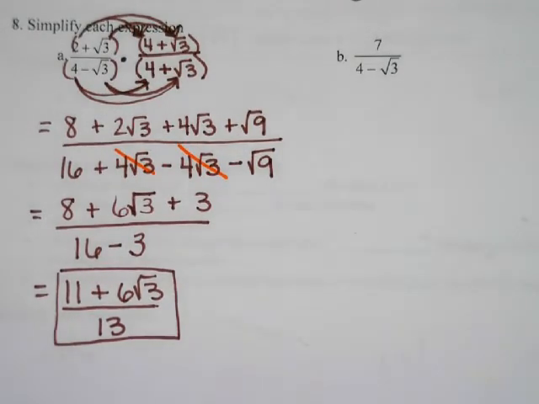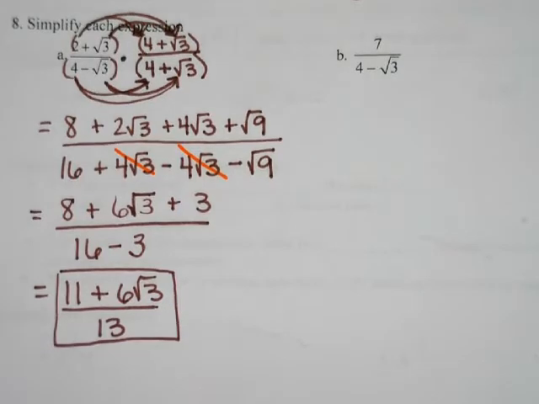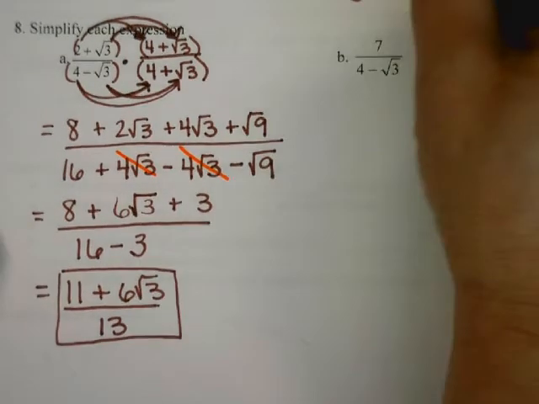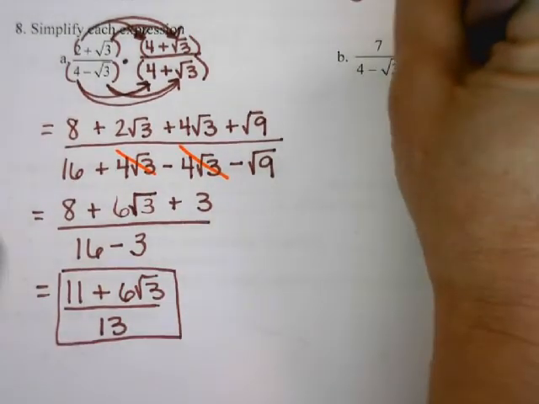Okay, so look at letter B. There's 2 terms in my denominator. One of them is a radical. So what's the conjugate of the denominator? Four. Yeah. 4 plus square root of 3.